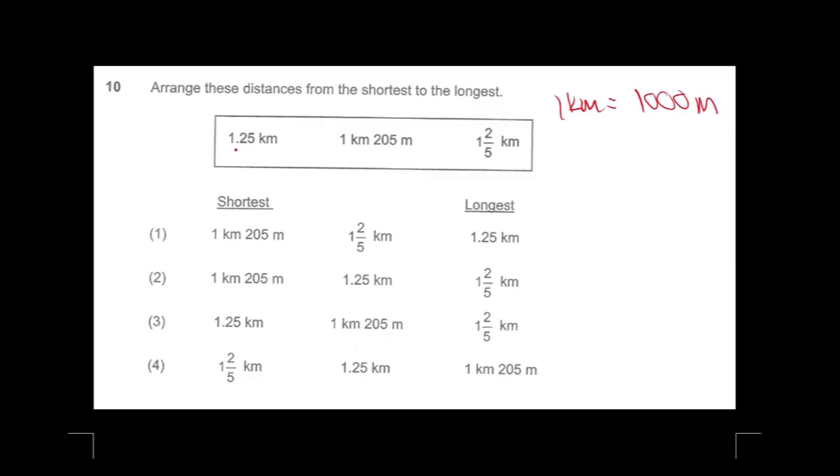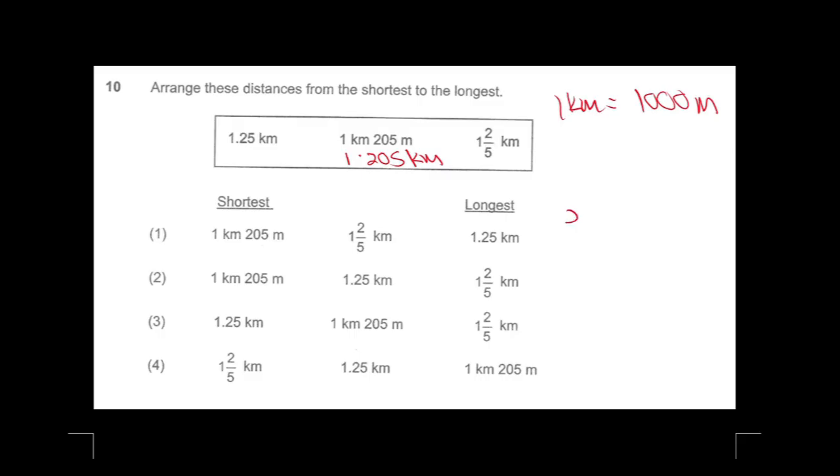Okay, so here you have 1.25 kilometers, you have 1 kilometer and 205 meters, which will be equal to 1.205 kilometers. For this, it is 1 and 2/5. So if 1 kilometer is equal to 1000 meters, 2/5 of 1000 is basically 400.